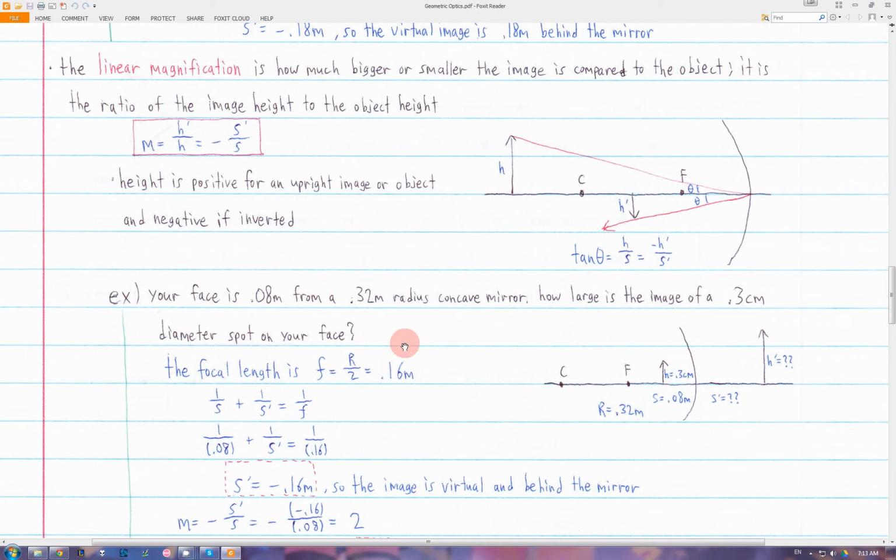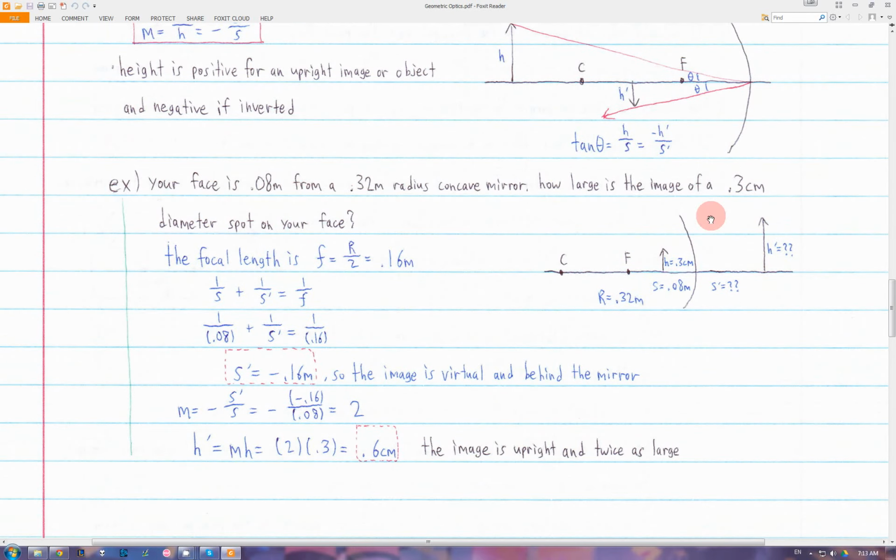So another quick example: we have an object which is 0.3 centimeters tall, 0.08 meters from this concave mirror. Notice how the object is in front of the focal point. So in this case, the concave mirror actually does not form a real image. The radius of the mirror is 0.32 meters, and so the focal length is half of that, 0.16 meters. And the focal length is positive since the focal point is on the same side of the mirror as the outgoing light.